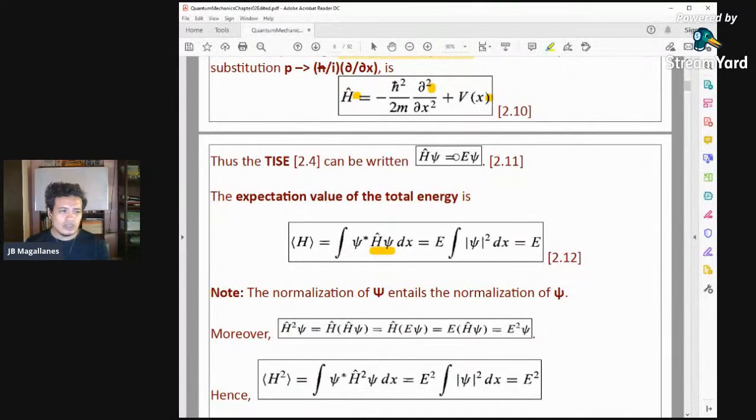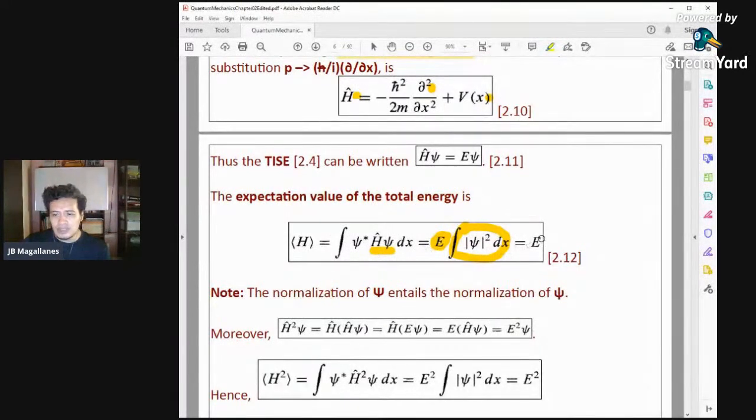E is just a constant, so it can be taken out of the integral, and you're left with E times the integral of phi star phi dx. The integral of the probability density from negative infinity to positive infinity is just equal to 1.